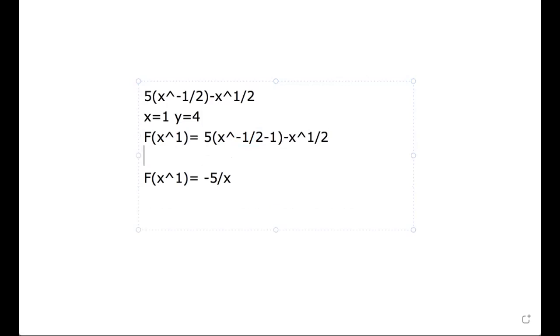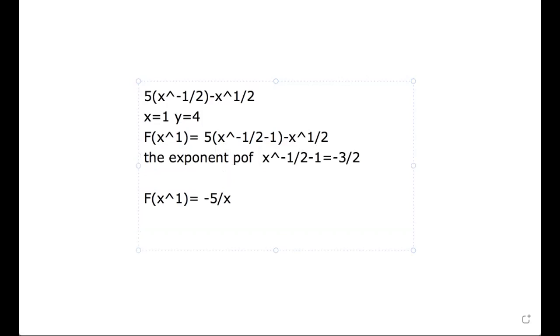When you find the equation, let's see the exponent of x, the first variable, is negative half, as we stated. Negative half minus 1 would be equal to negative 3 over 2. The exponent of negative x is half. Half minus 1 would equal negative half. So if it has a negative exponent, we would have to switch its place.